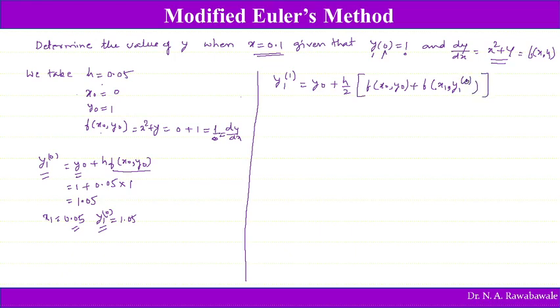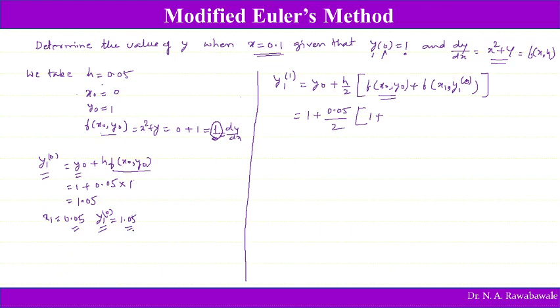So the y naught value we know is 1 plus h value 0.05 divided by 2. The f of x naught y naught value we obtained here is 1, plus f of x1 y1 of 0. The x1 value is 0.05, y1 of 0 is 1.05.